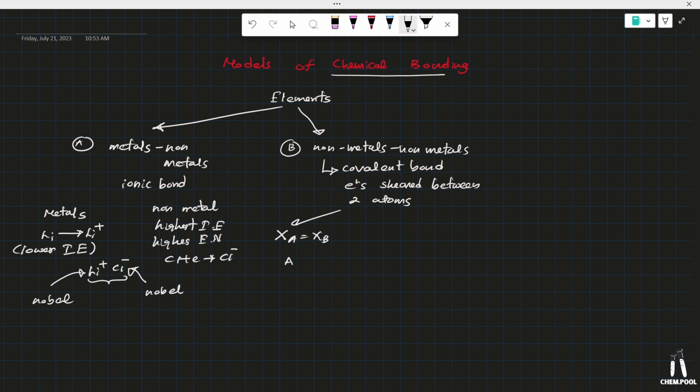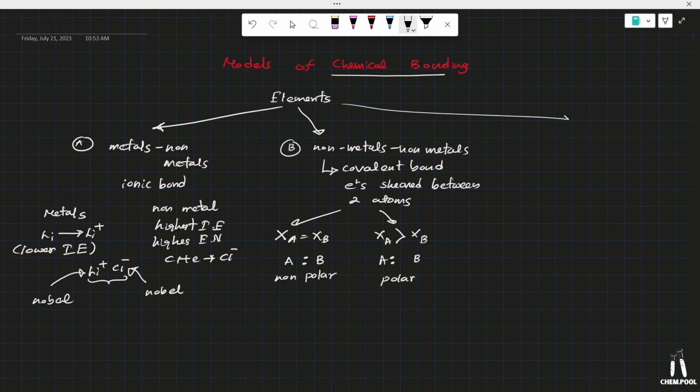Then this bond pair is equally shared between these two atoms. If XA is higher than XB, that means this bond electron pair is not shared equally, it is biased to atom A. These bonds are non-polar and this one is polar, right?